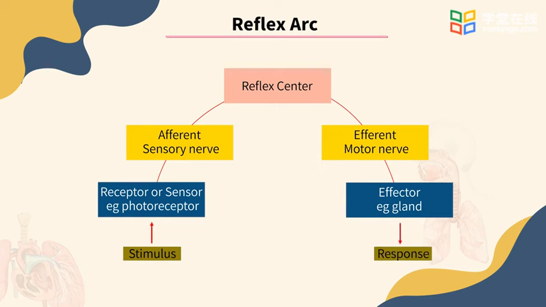Effector is the structure, tissue, or organ where activities occur in response to a stimulus. It is the effector which performs the characteristic action. Afferent fiber or efferent fiber may connect to the center directly. In more complicated reflexes, more neurons may be involved.